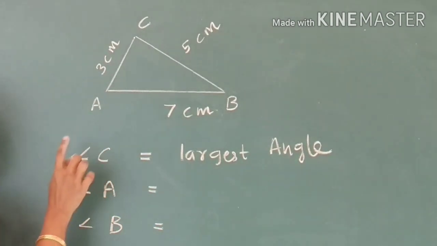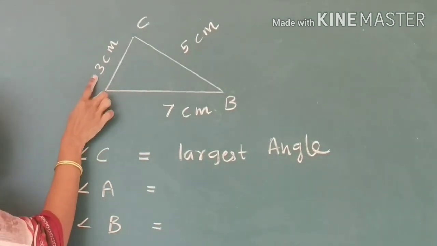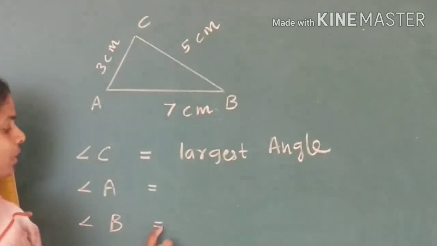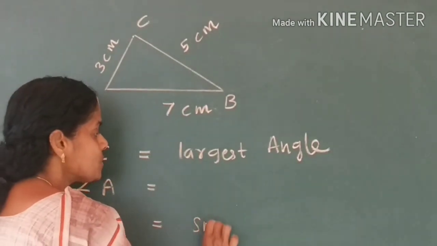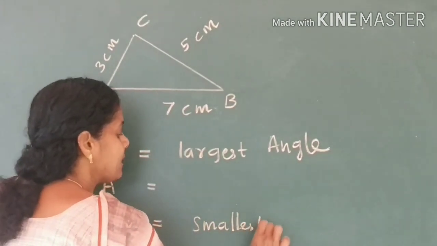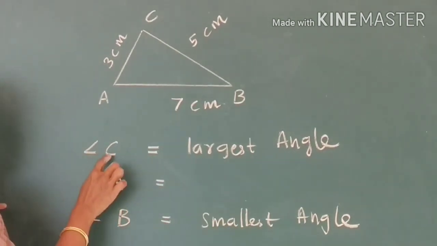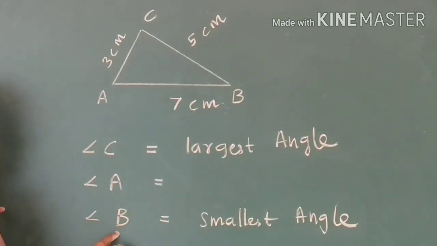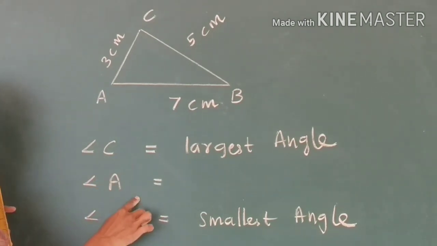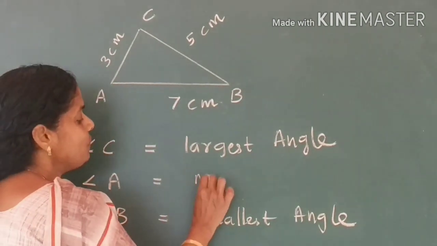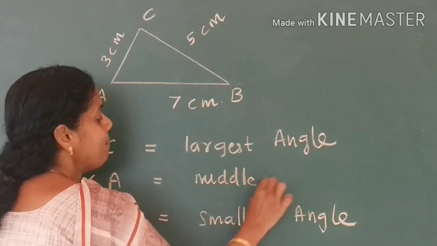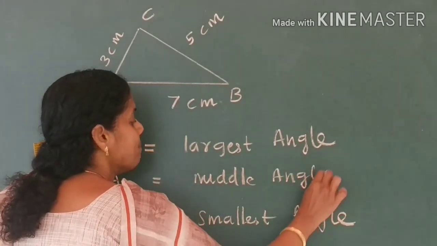And opposite to the smallest side 3 cm, you are going to get the smallest angle. And in between A and B, you will get the middle angle. That is, you will get a number in between these two numbers.